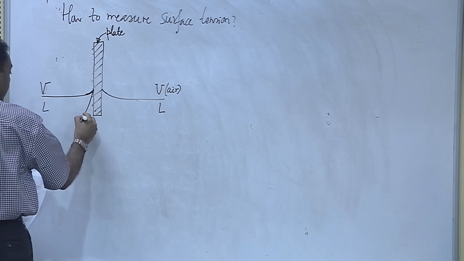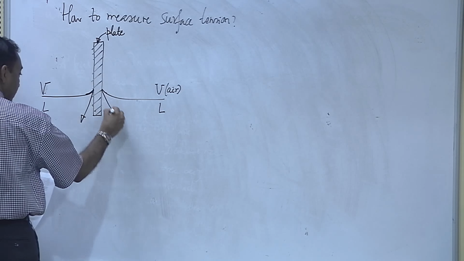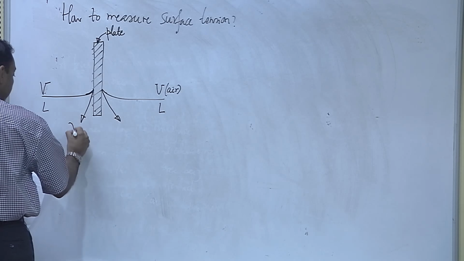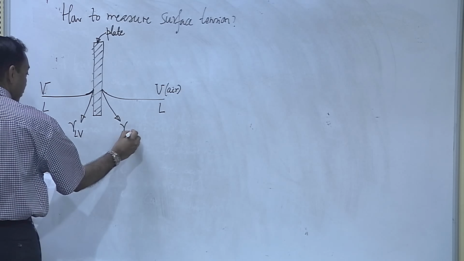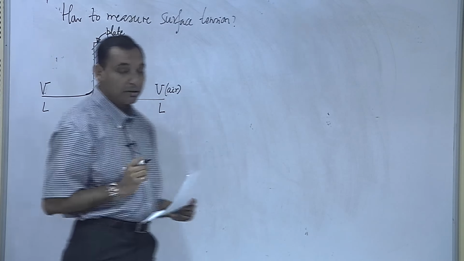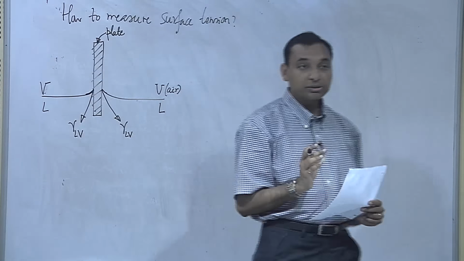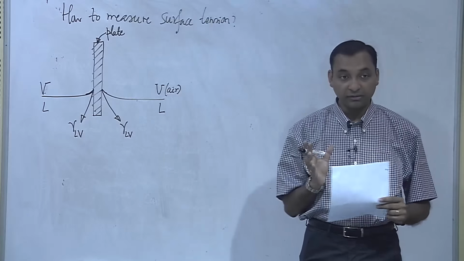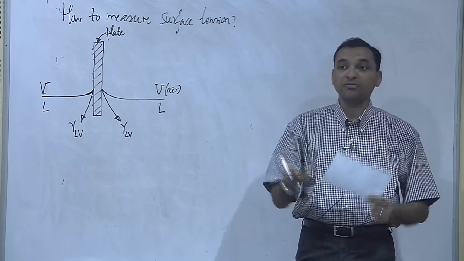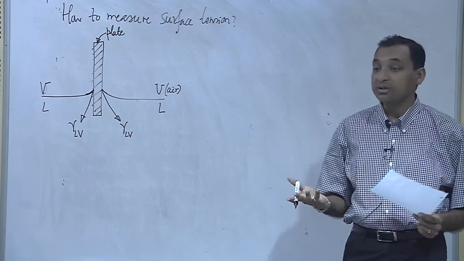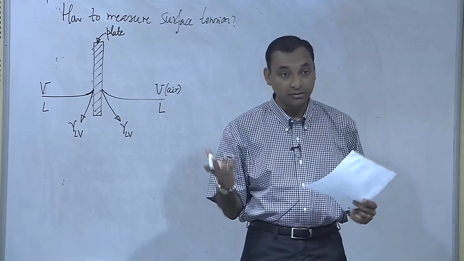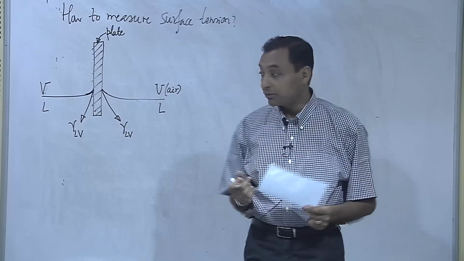There will be surface tension forces which will be inward, which will be gamma LV. So, gamma LV refers to the surface tension of the liquid vapor interface, which we know as, say, the surface tension of water. When I say that, essentially what I am saying is the surface tension of water in air. Okay? So, in other words, gamma LV.